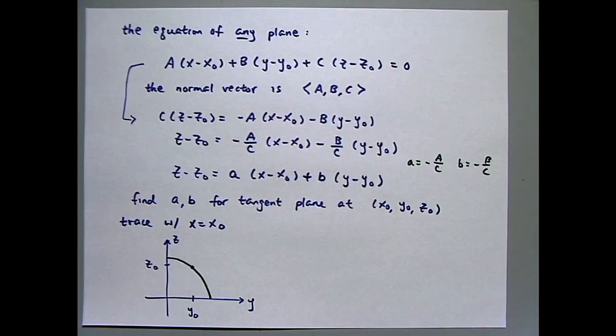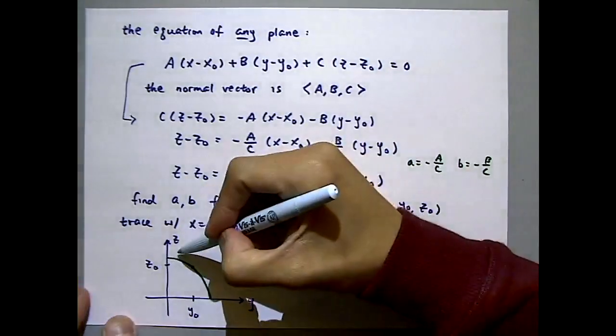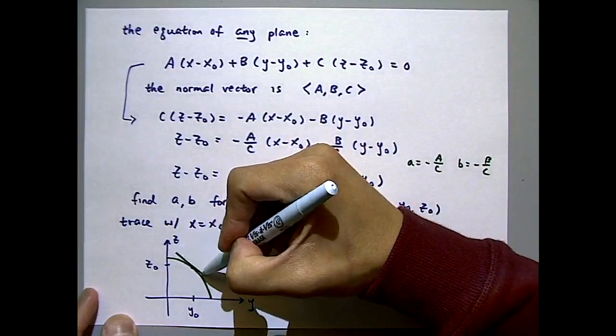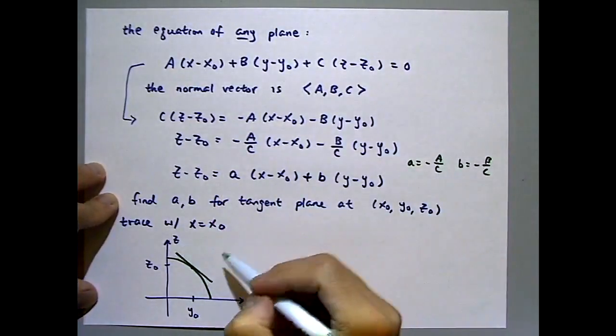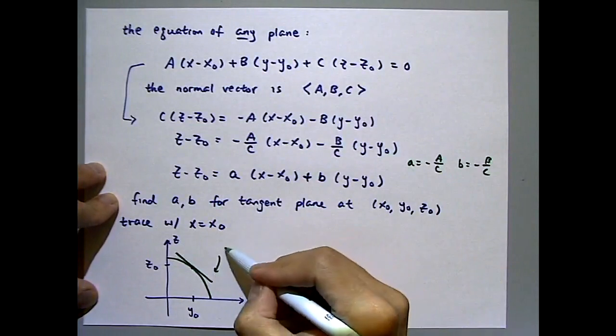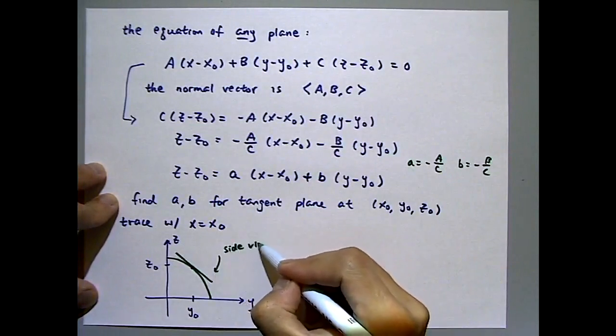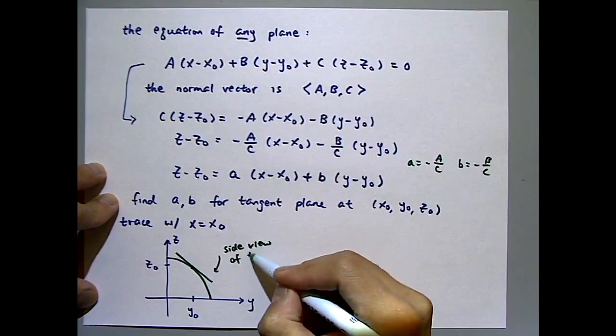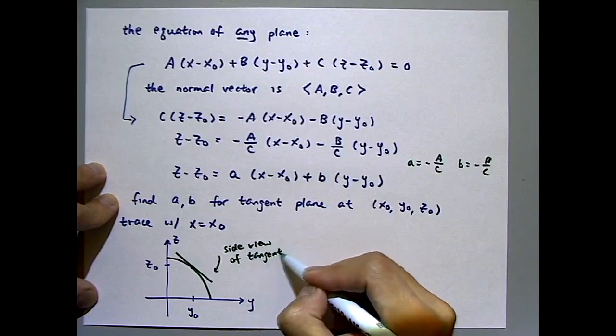And the tangent line in this perspective, we're looking at this edge on, we just see a line, right? So this is the portion of the tangent line that we see from that perspective. This is the side view of the tangent plane.